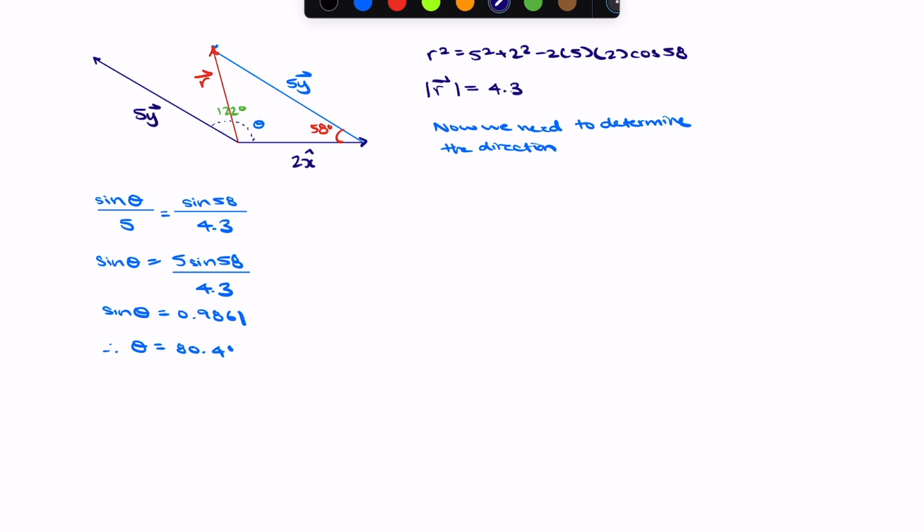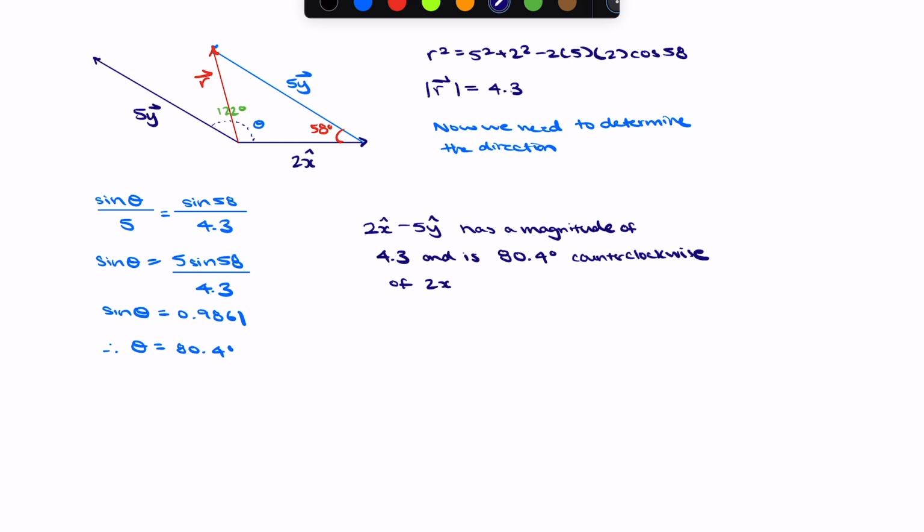So here we see that 2 vector x plus 5 vector y has a magnitude of 4.3 and is 80.4 degrees counterclockwise of vector 2x.